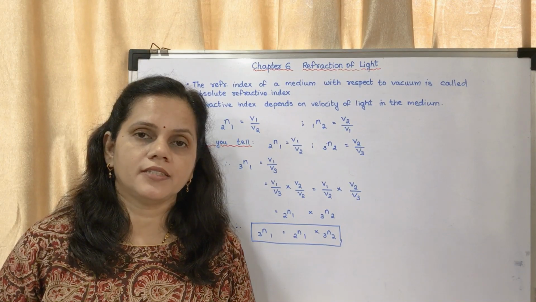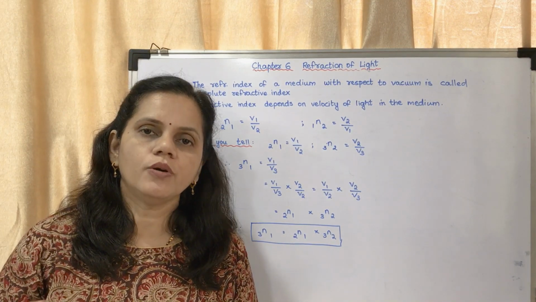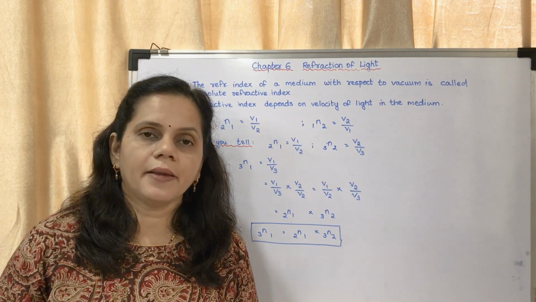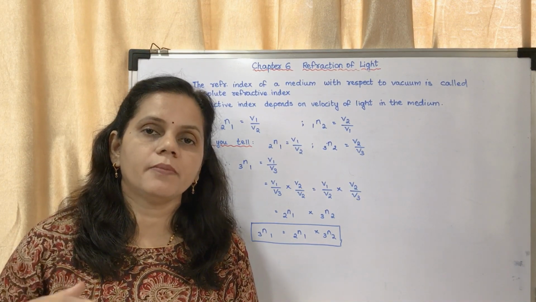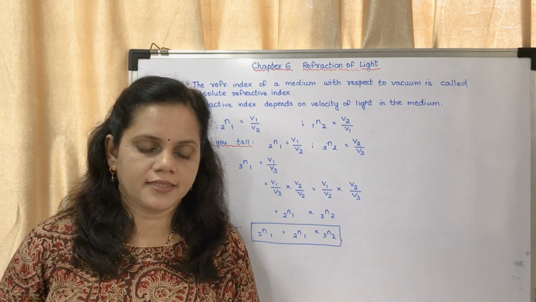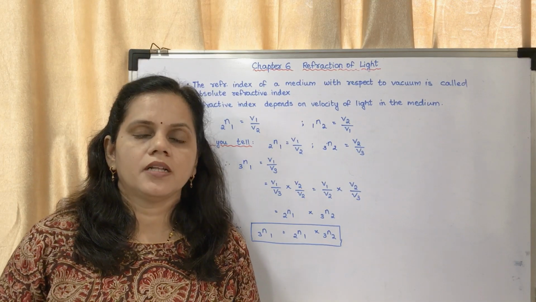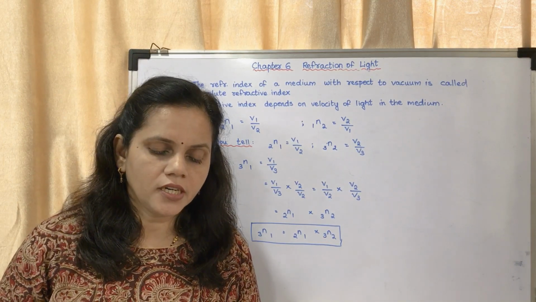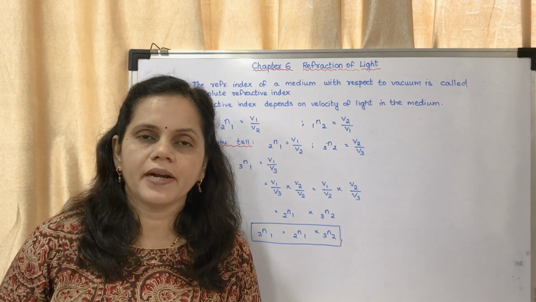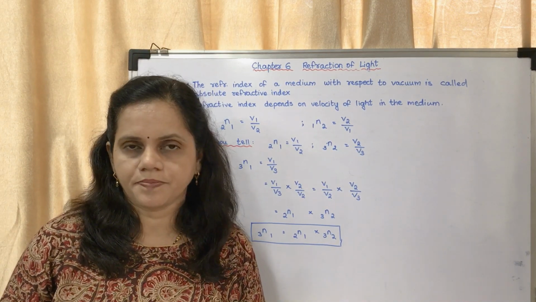Water 1.33, when the light passes from vacuum to water. Next, diamond, when the light passes from vacuum to diamond, that is the absolute refractive index. From this table you have to remember the refractive index of water, diamond and dense flint glass.